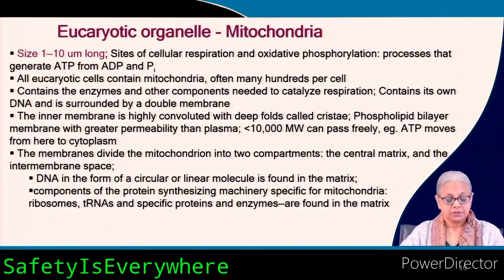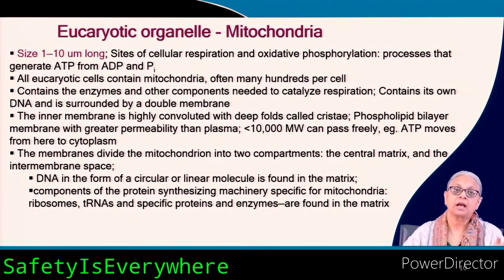The membranes can divide the mitochondrion into two compartments, the central matrix and the intermembrane space. So the central matrix has its own DNA, and this is another argument in favor of the endosymbiotic theory. And then we have components of the protein synthesizing machinery that is specific for the mitochondria.